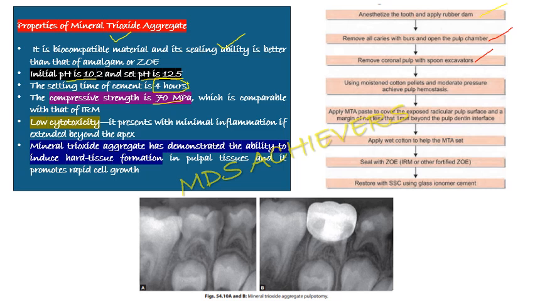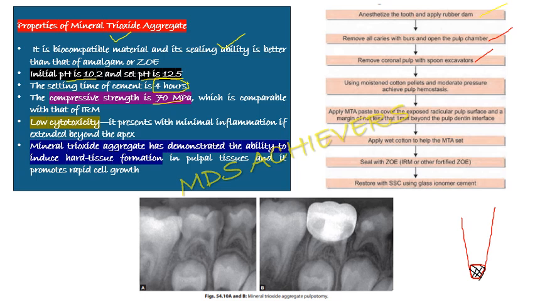MTA paste is used to cover the exposed radicular pulp. In apexification also we can use MTA. If there is an open apex and the tooth is non-vital, then we go with MTA, which will form a hard calcific tissue, thereby forming an apical barrier in the immature tooth or open apex tooth.